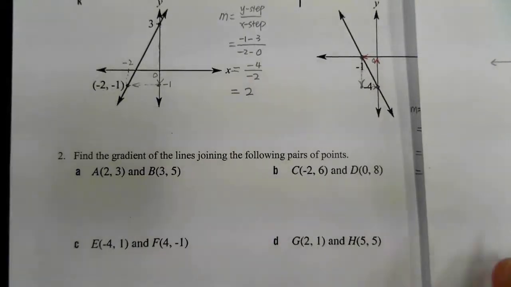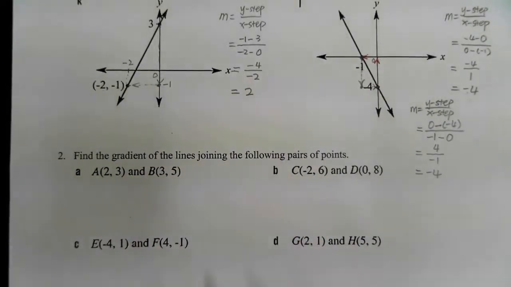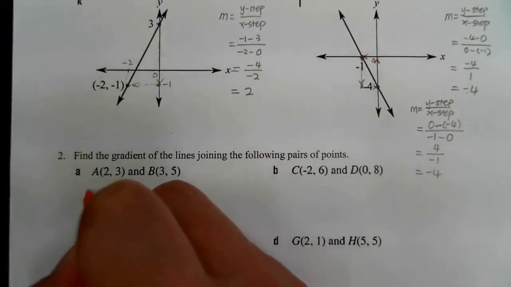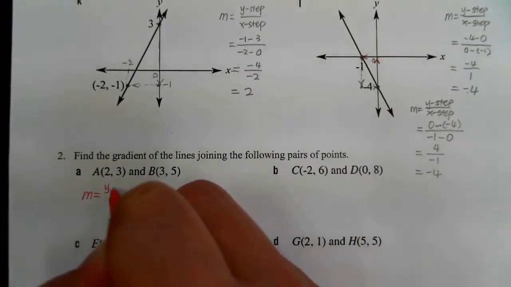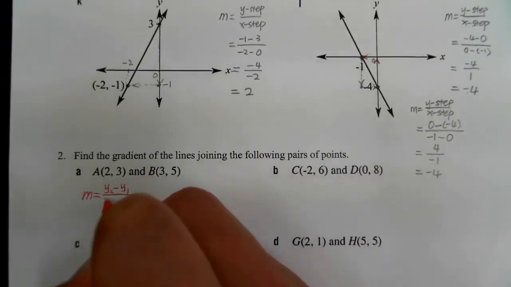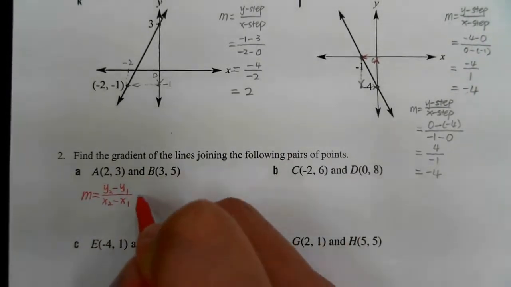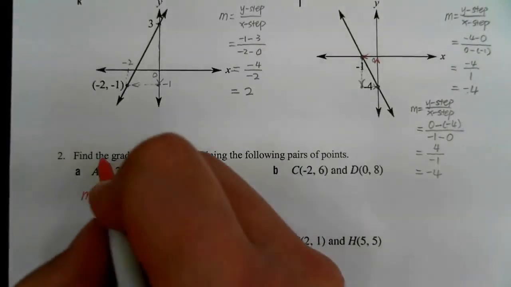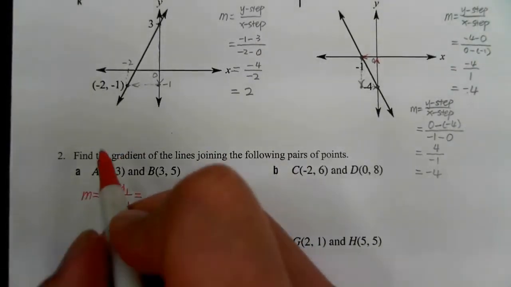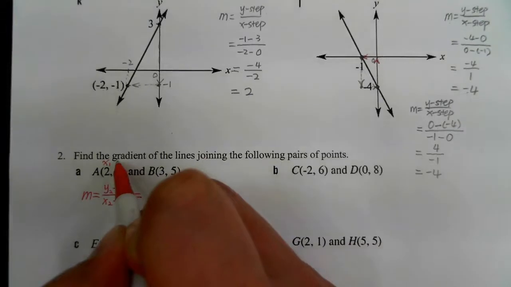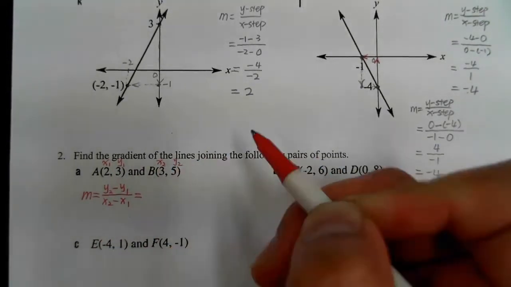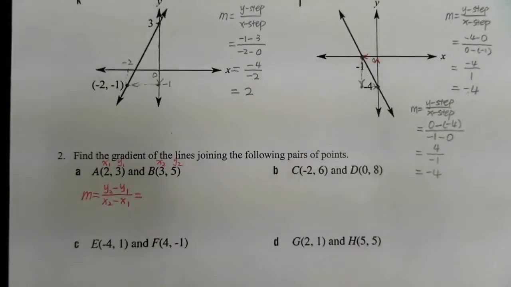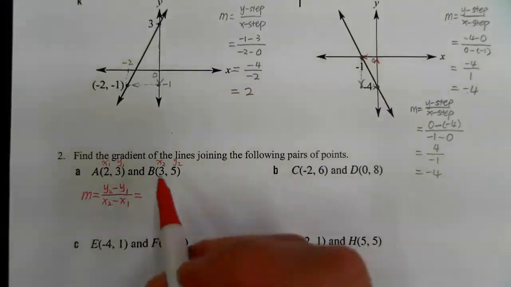Okay, we're going to use this one to do question A and question B. So let's write down here. If I want to find m, I have to write y2 take away y1 over x2 take away x1. Okay, so we do substitution. We recommend all students should write x1, y1, x2, and y2 on top, just to make sure you do that correctly.